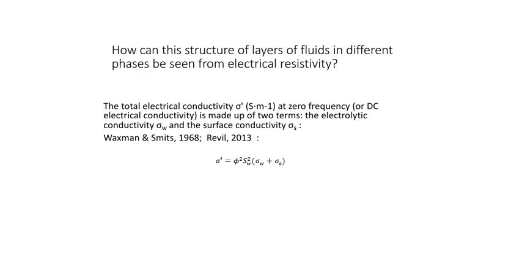The total electrical conductivity at zero frequency, this is the DC electrical conductivity we measure with electrical resistivity tomography, is made of two terms: the electrolytic conductivity, sigma W, and the surface conductivity, sigma S. And so if we have clay, we'll increase this term of surface conductivity, but the electrolytic part can change as well with the phase change of the fluid.